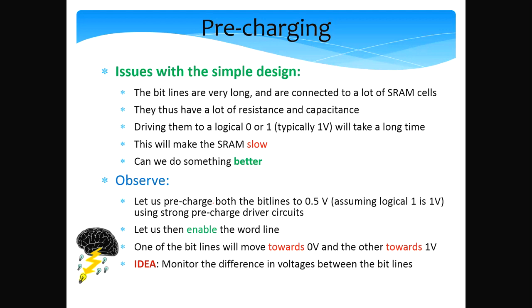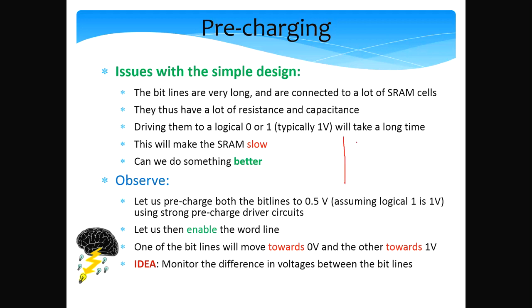If that is the case, this long wire will have a lot of resistance as well as capacitance, and the RC delays, so if you recall what you were taught in first year, if a wire is very long and connected to a lot of other elements, its resistance and capacitance will be high. So driving the voltage of the wire either towards the ground or towards the supply voltage will take a lot of time. Why is the wire long?